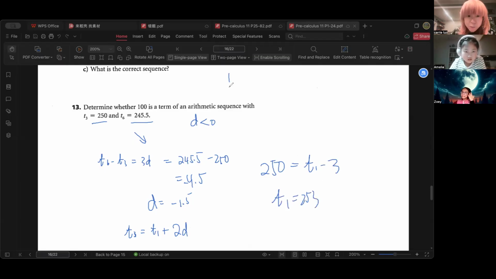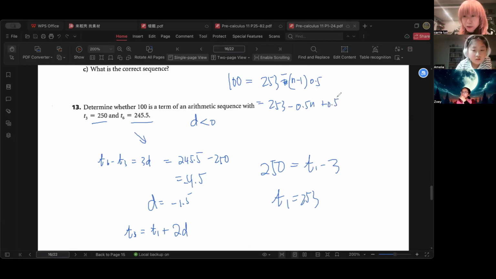So now let's see if 100 is part of them. So 100 equals 253 minus (n minus 1) times 1.5, right? So equals 253 minus 1.5n plus 1.5, right?